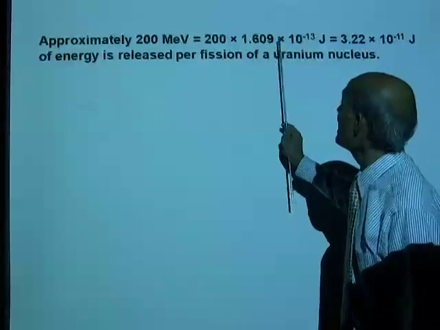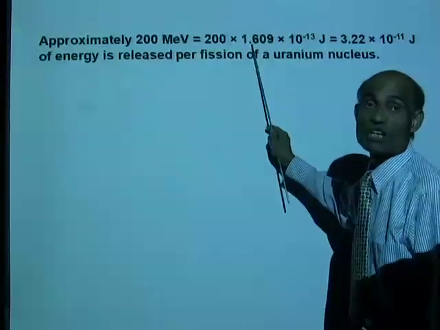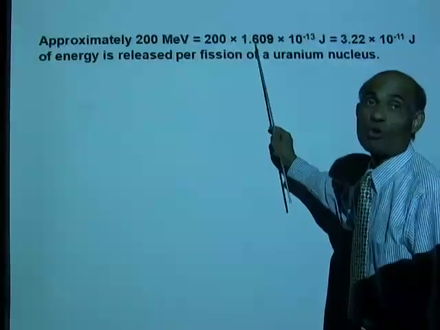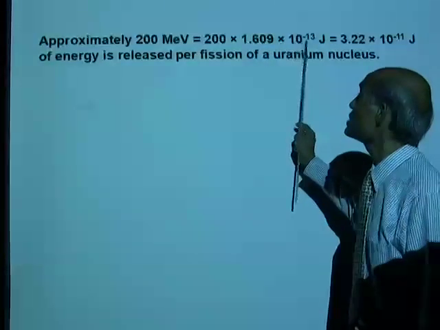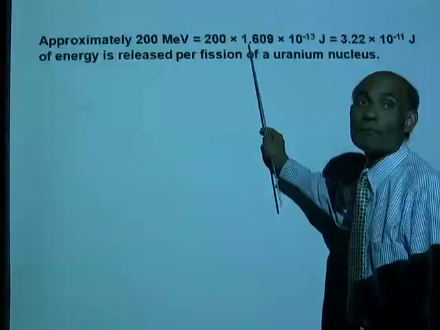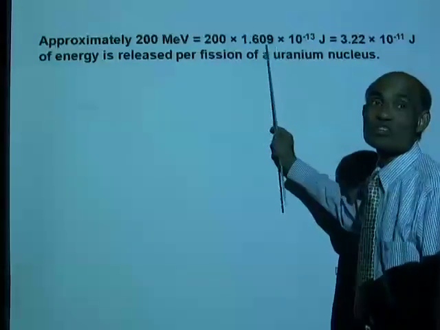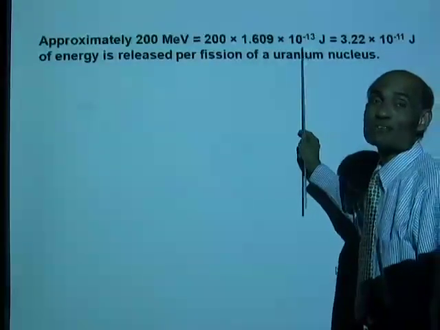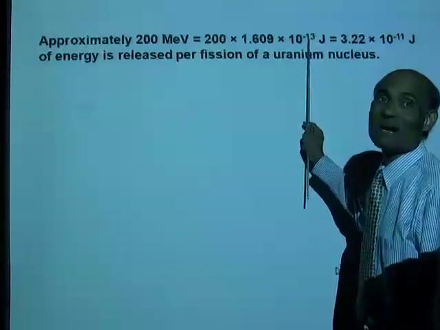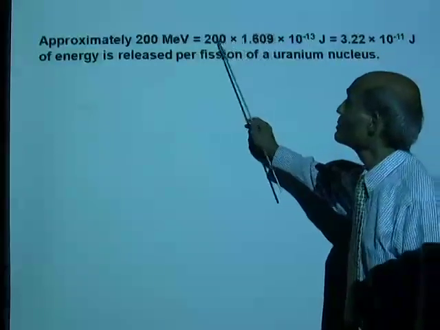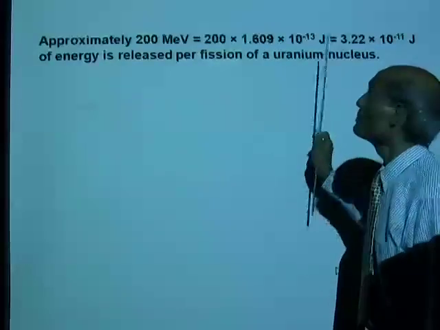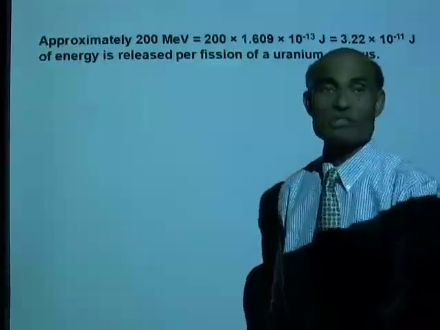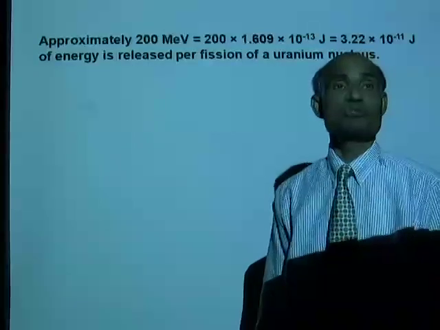Now what I did here is, instead of writing 1 electron volt as 1.609 times 10 to the negative 19 joules, I wrote 1 million electron volt, the equivalent of that, in other words, 19 minus 6. So 200 MeV is 200 times this, which is 3.22 times 10 to the negative 11 joules.